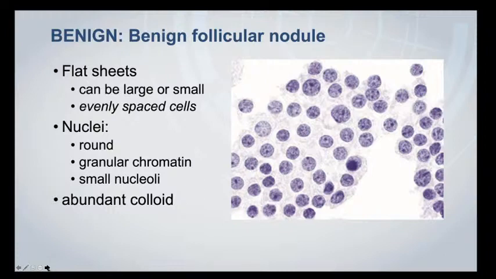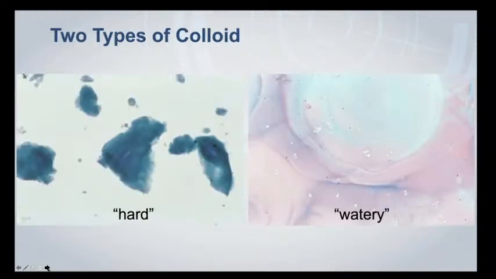The nuclei are round, they have a characteristic granular chromatin texture, and they can have small to medium-sized nucleoli. A benign follicular nodule typically is sparsely to maybe moderately cellular and has abundant colloid.